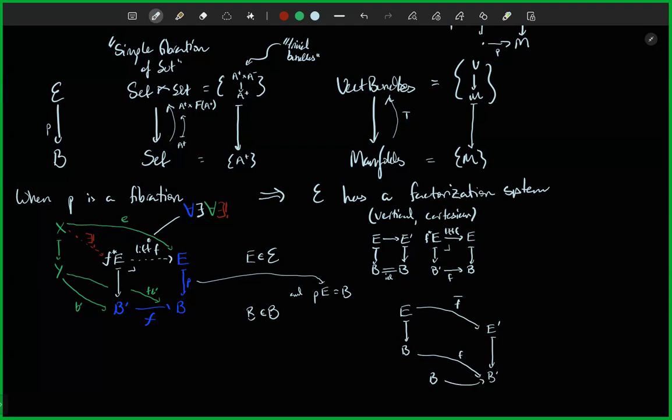I can put here F again, right? And here I can put this equation here, and then I get F upper star E prime, which lives like this, and this is pullback, or it is Cartesian. And so by the universal property, I get a unique map like this. And you see I've taken the original morphism F bar and I've factored it as something vertical followed by something Cartesian.